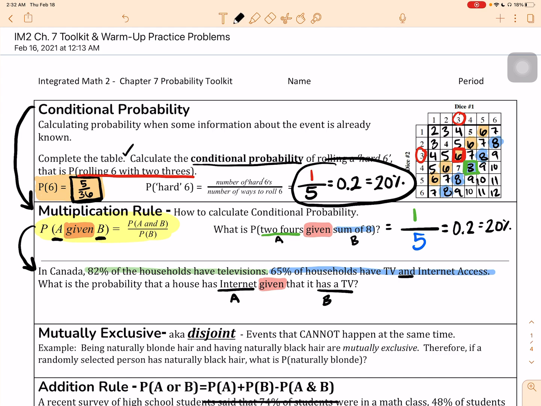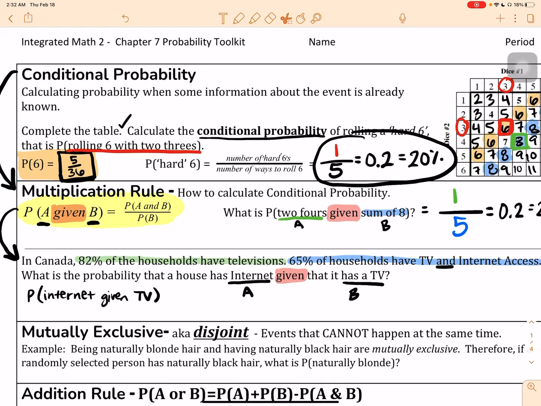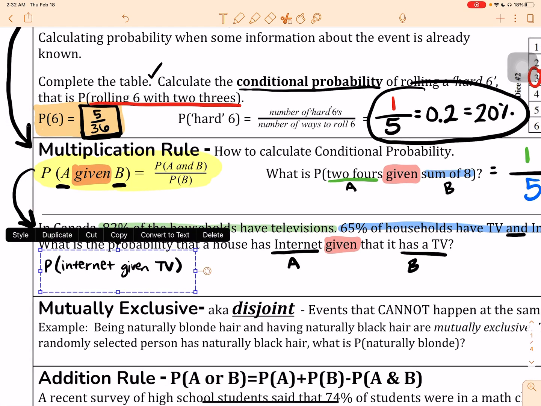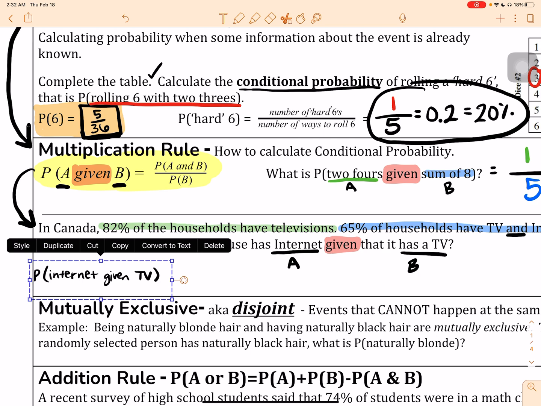So what we're trying to calculate here is the probability of internet given we know they have a TV. I'm going to zoom in just a little bit because I know I'm going to run out of room here. So write pretty small.